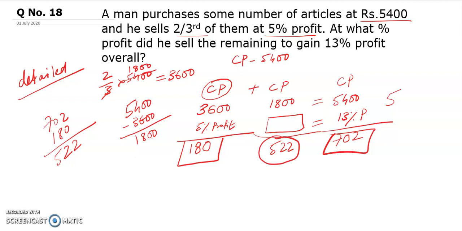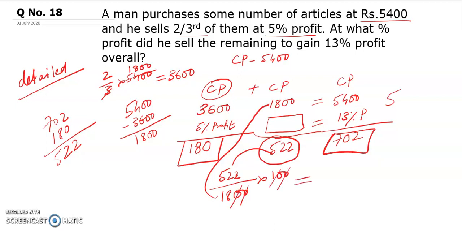So our profit percent will be profit upon CP into 100. This is our profit and this is our CP. So our answer is 29%.